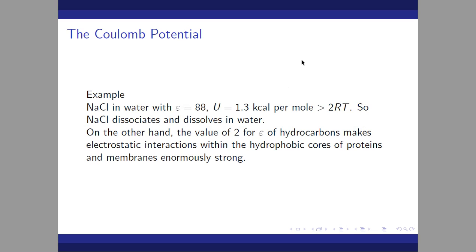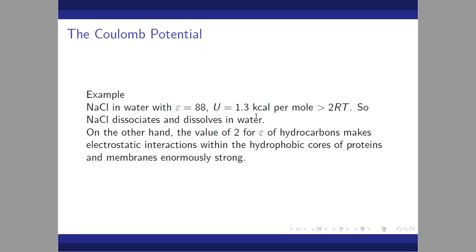For HCl in water, the dielectric constant for water is 80. The potential is only 1.3 kilocalorie per mole, which is smaller than 2 RT, the thermal energy. So NaCl will dissociate and dissolve in the water.